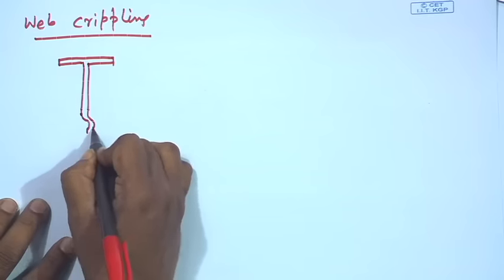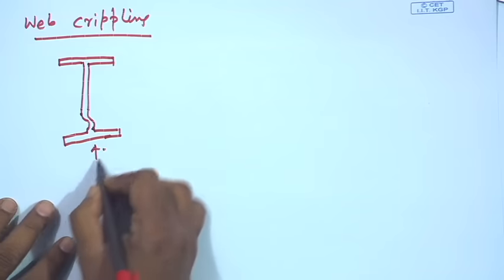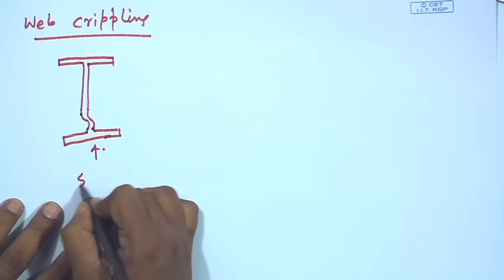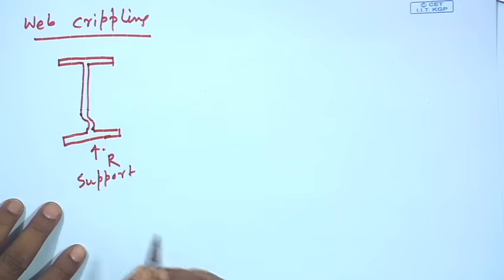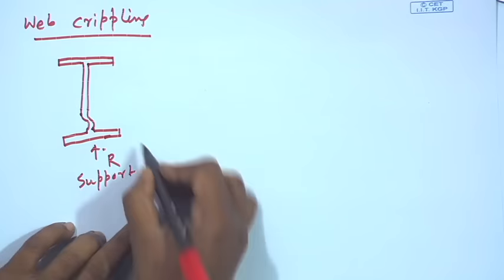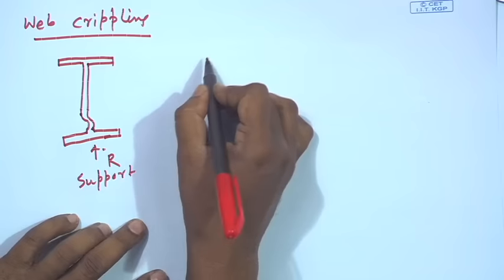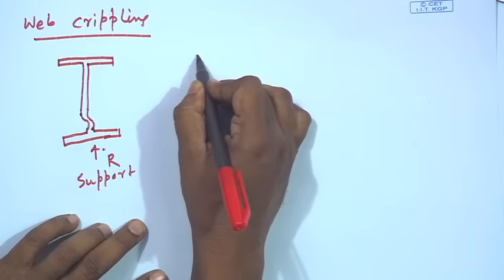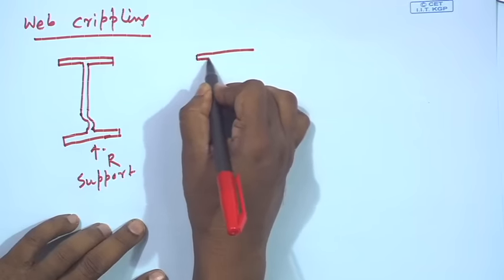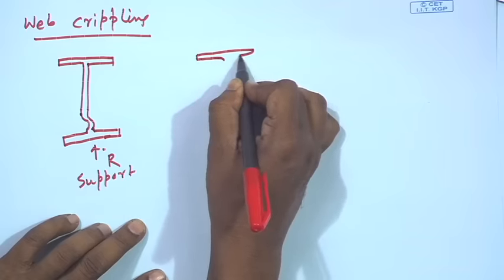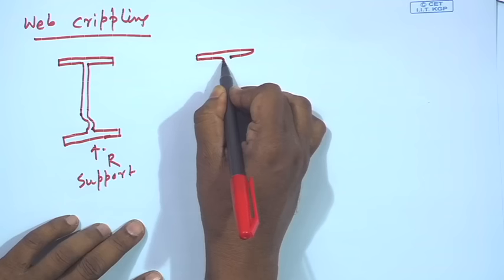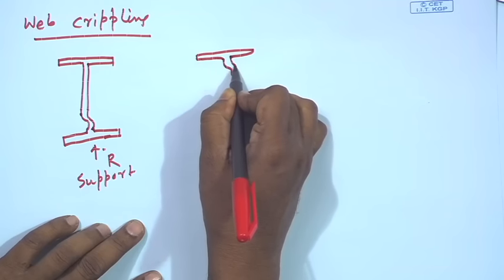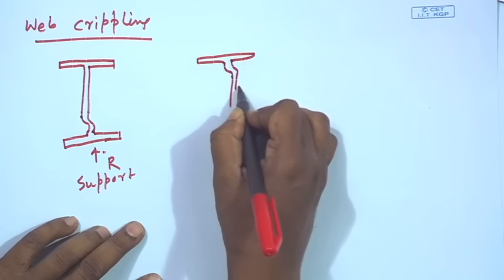So, web crippling may occur due to concentrated force at the support, right. Otherwise, in other cases also it may fail, like if a concentrated force is applied on the beam at a certain point, then also web crippling may happen.